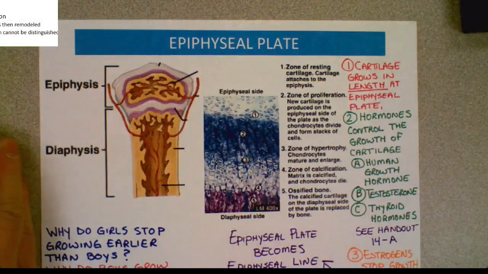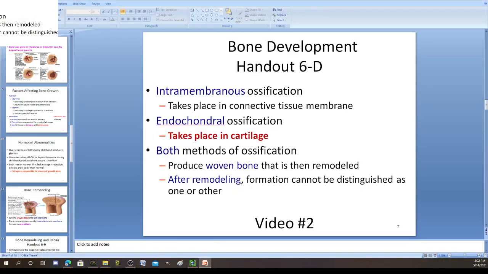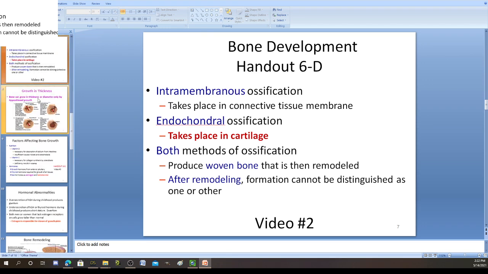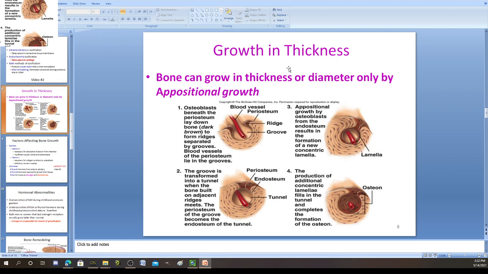Let's switch gears, and I'm going to go back to our PowerPoint just for a few minutes because we've got a few things to take care of that still deal with bone growth. First of all, remember, bone tissue can only grow in thickness.